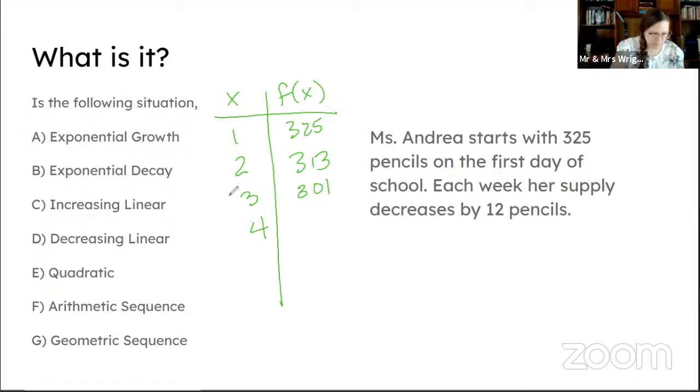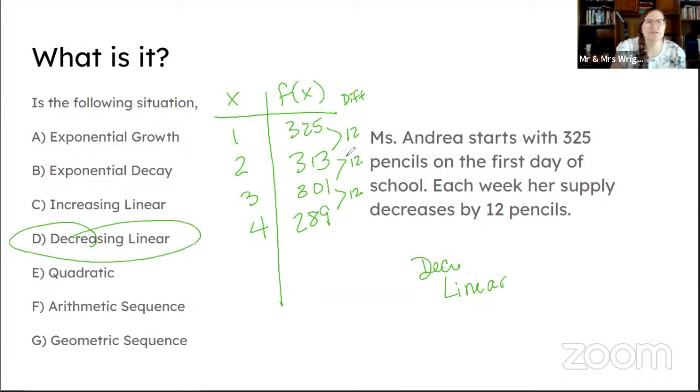Day 4 is 289, etc. And if you notice, the difference between those every time is 12. And that's a common difference, which means this has got to be an arithmetic sequence in the y's. So the relationship that's being talked about, the input, the days, and the output, is going to be a linear function. And is it increasing or decreasing? It's decreasing. So it's a decreasing linear function.